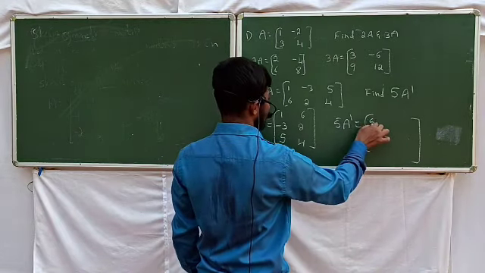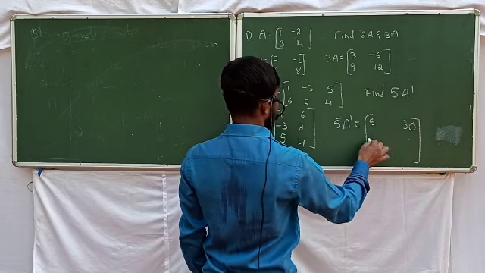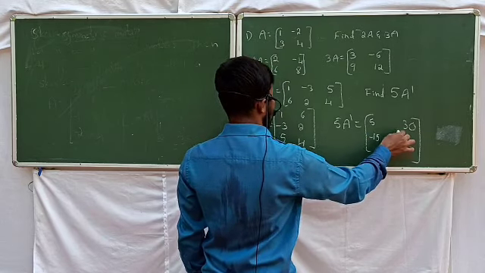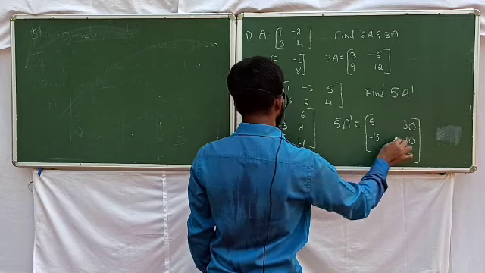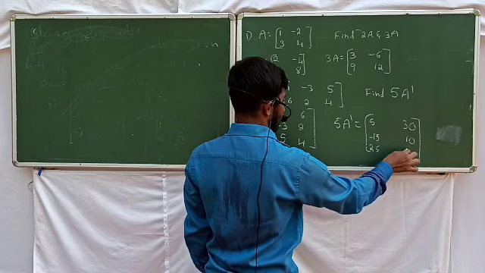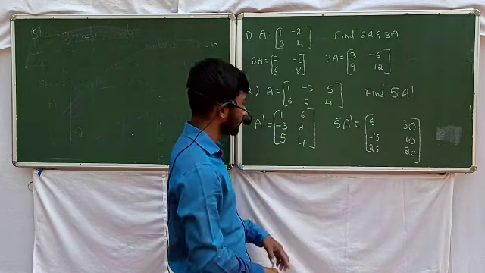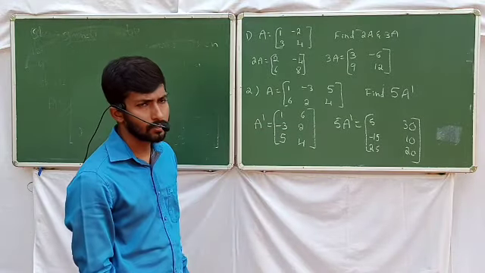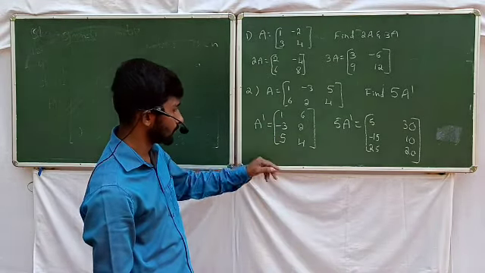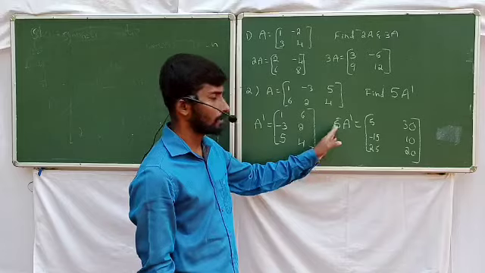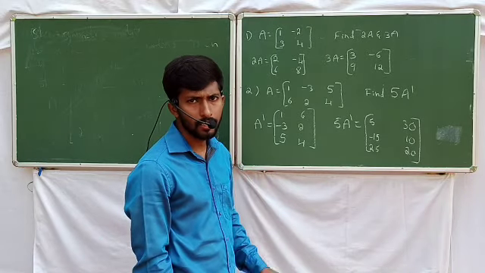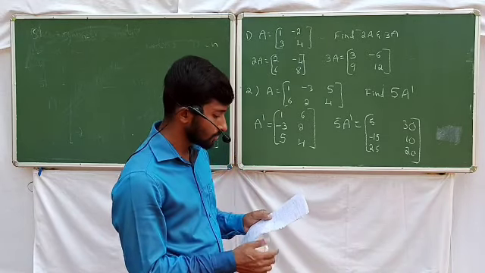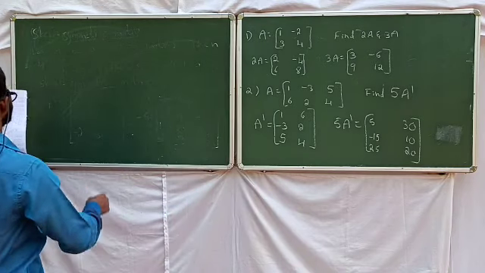So 5 6s are 30, minus 15, 5 2s are 10, 25, 5 4s are 20. So you will get the value of 5 times A transpose. Okay, next question.